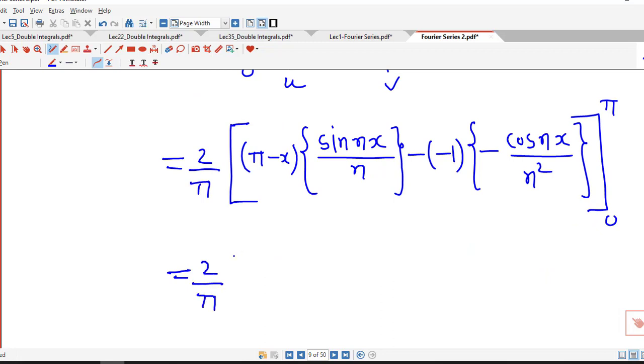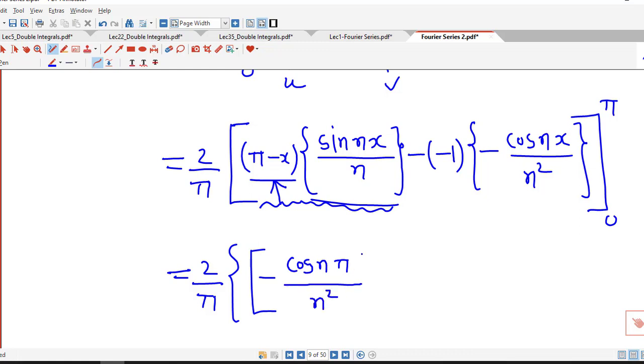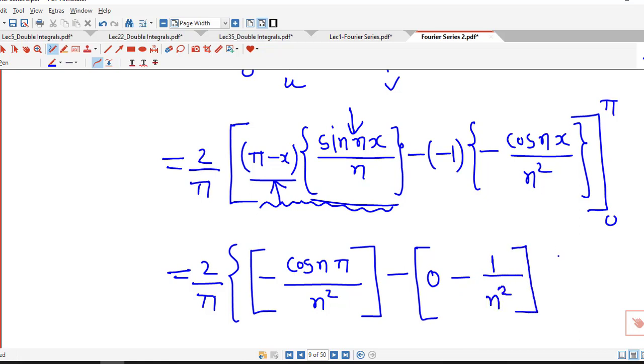So first we evaluate at x equal to pi. When x is pi, sin n pi is 0, and because this is a product, this term will vanish, and there are 3 negative signs, so we have minus 1 cos n pi divided by n square. This is the contribution when x equal to pi. Now when x is 0, due to sin 0 we have 0, and again 3 times minus 1 is minus 1, cos 0 is 1, by n square.